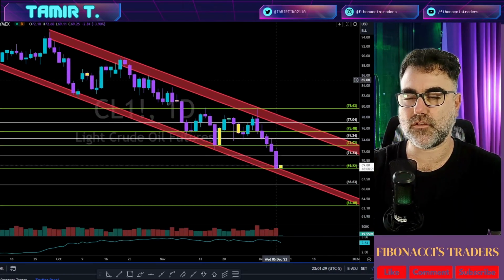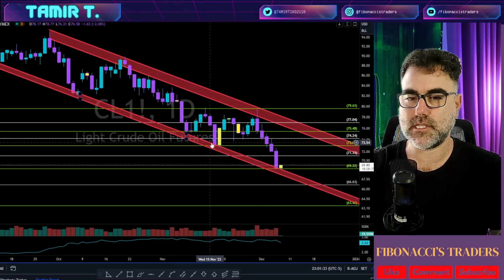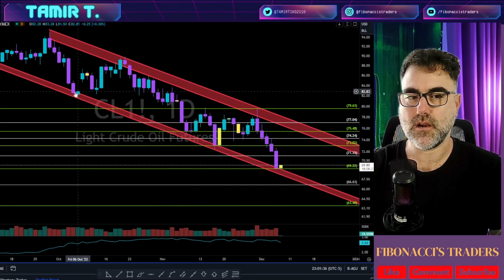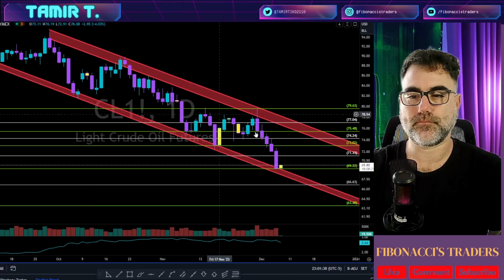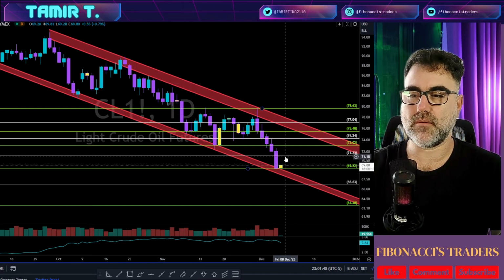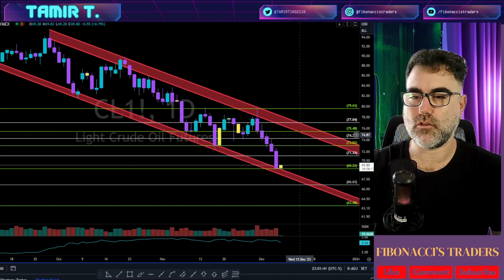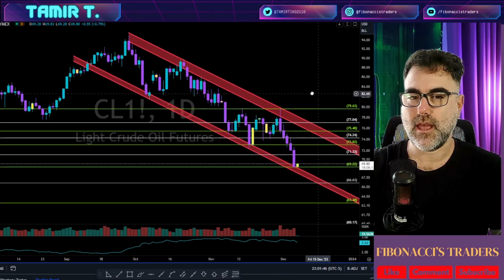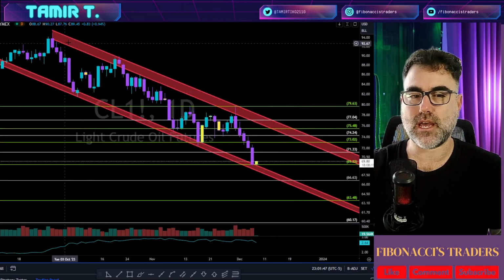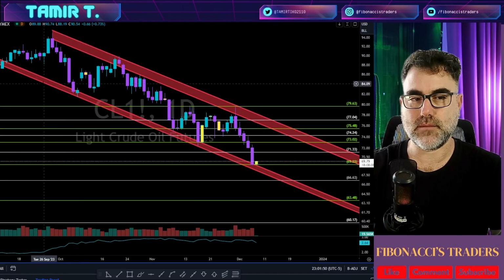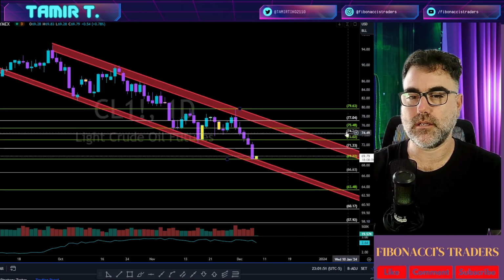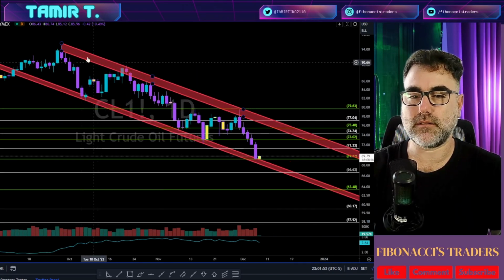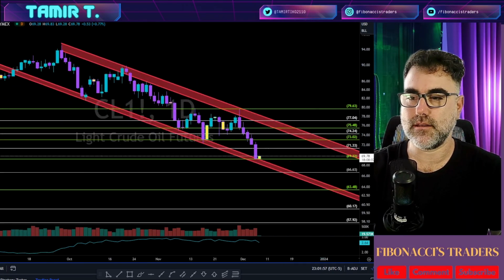Now let's see if crude oil can bounce once again off this red zone, same as it did here, same as it did here, same as it did here. Let's see. Long above the 71.20 towards this red zone to the upside. But as long as price of oil is between these two red zones, the general sentiment is to the downside.